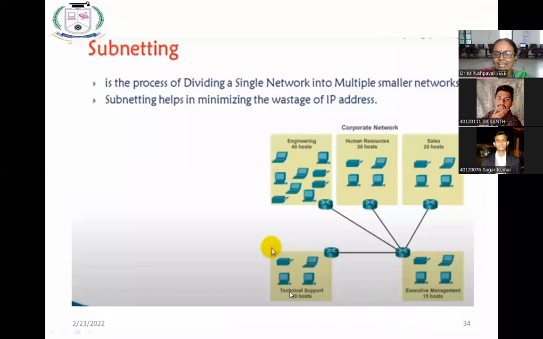So dividing a single network into multiple small networks is subnetting. Okay, class C, we have around 256 addresses. Class C, we have 256 addresses. And when I'm going with class B, we have 65,536 addresses.